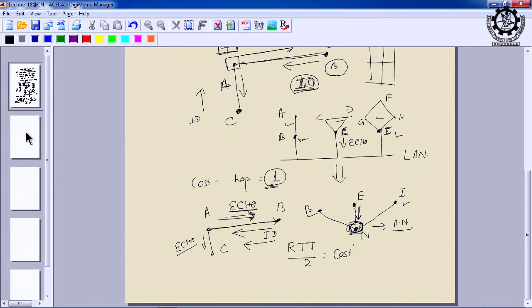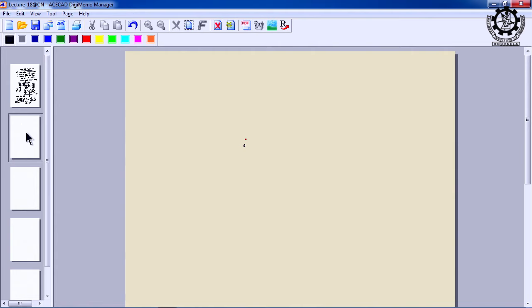Now, again there is another case here. Let us say the node A who is sending the echo packet has several other packets associated with it. That means there is already load associated with the subnet, right.